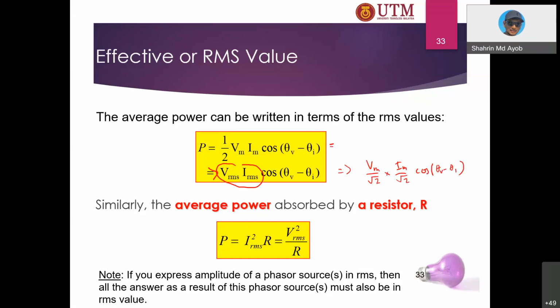Square root 2 multiplied by square root 2 is 2.